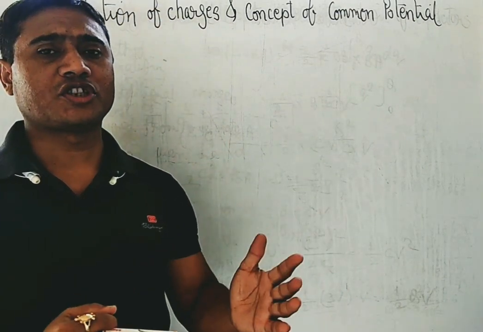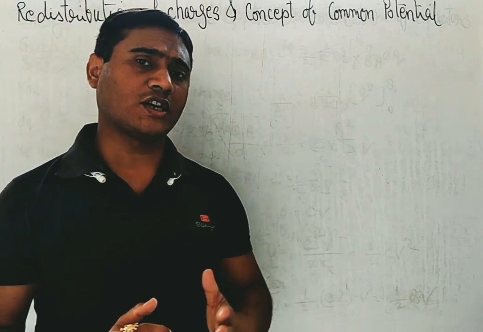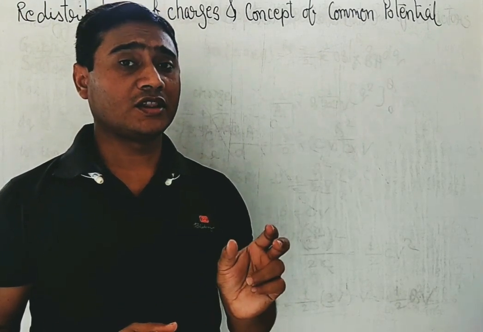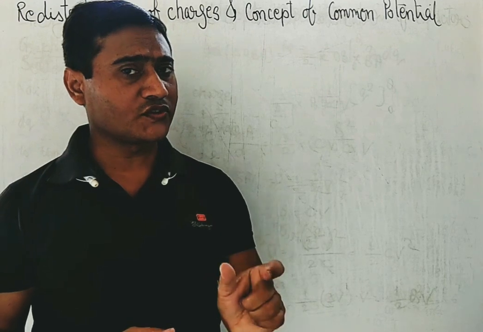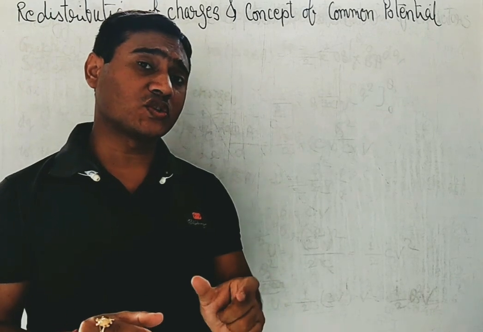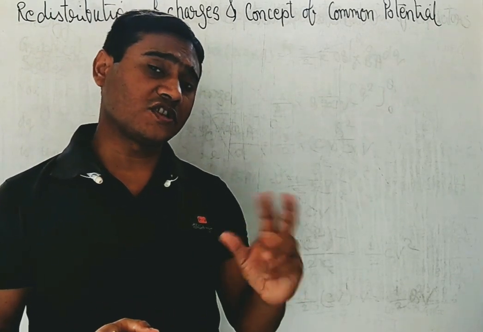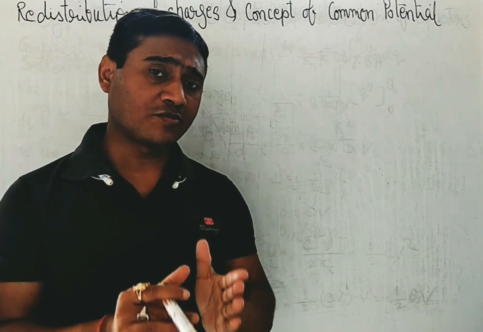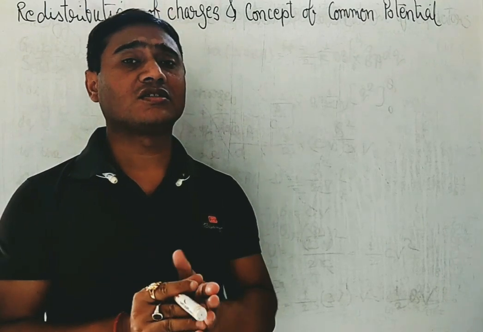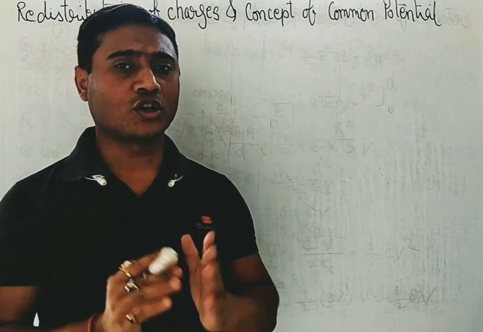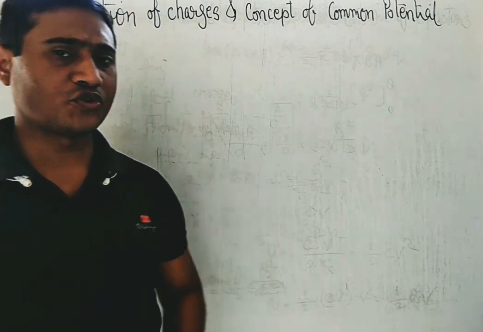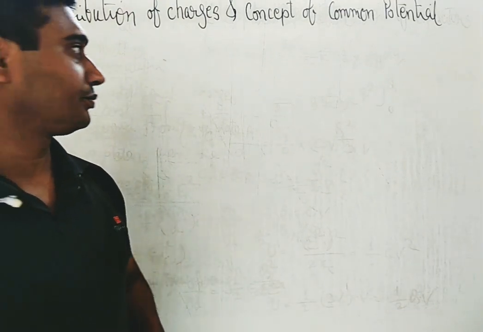This continues so long as both conductors are at the same potential, which shows the steady condition of distribution of charges. At that potential value the distribution of charge gets stopped, and the steady state is said to be attained. So let's proceed to calculate that common potential.